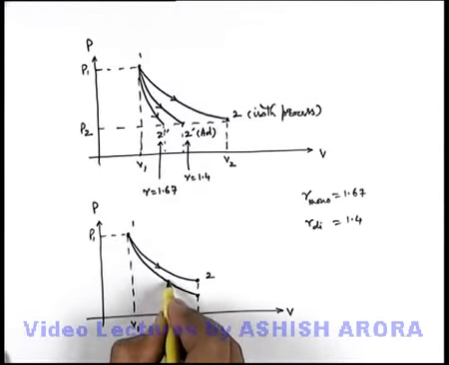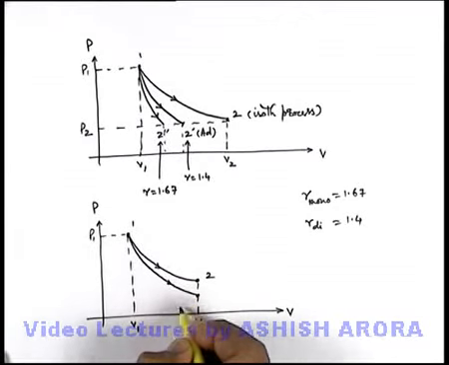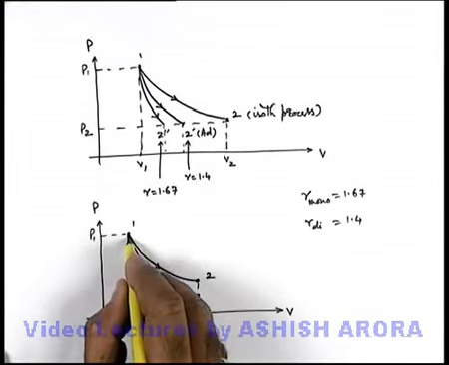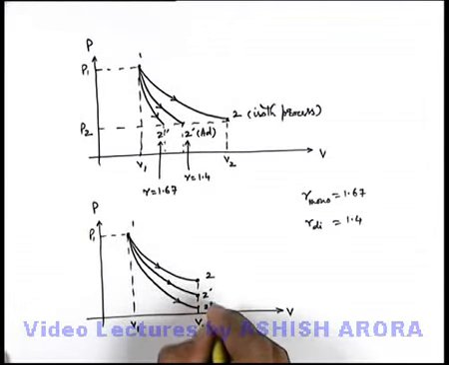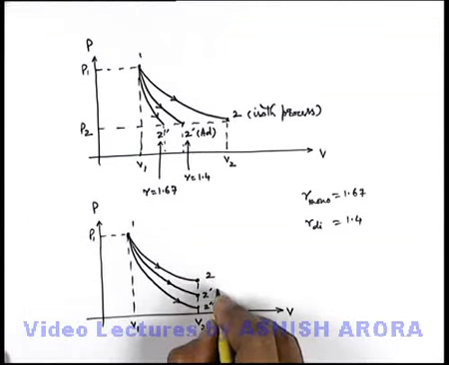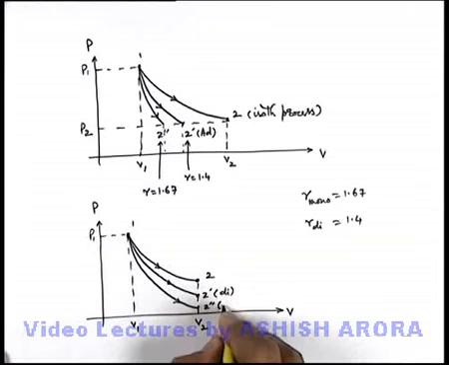For the same volume, the total area under the curve will be less. If it is done for a monoatomic gas, it is further steeper, so the area will be further less. So there is a situation for a diatomic gas and a situation for a monoatomic gas.